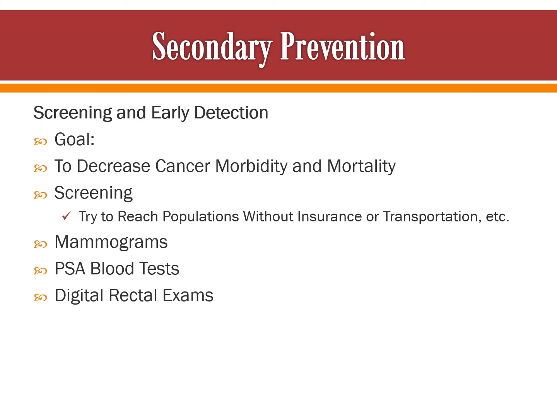The other type of prevention is known as secondary prevention. Here, the primary goal is that we want to screen, and we want to detect the cancer as quickly as possible. Maybe you're getting funky symptoms in your body.